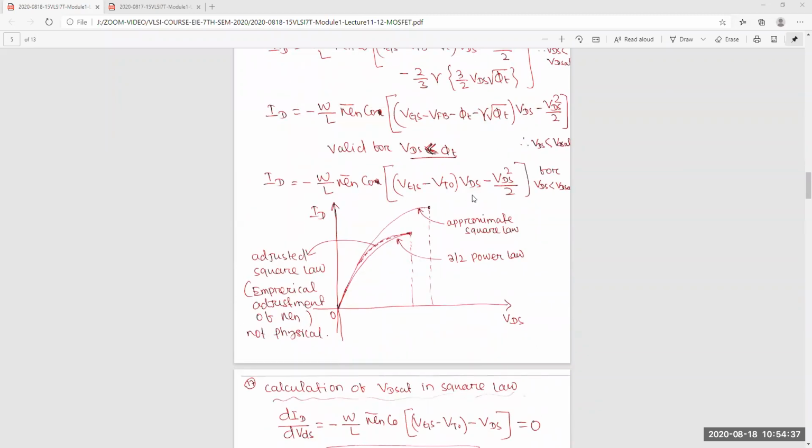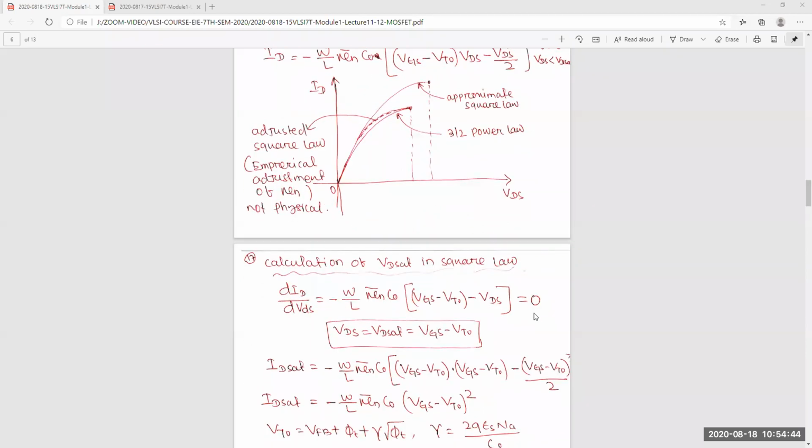Differentiating, VGS minus VT will be there, and 2 VDS by 2, the 2 cancels, so that is minus VDS equal to 0. So now VGS minus VT minus VDS is equal to 0. That means VDS is equal to VDSAT, because this is at saturation. So VDS equals VDSAT equals VGS minus VT0. Clear or not?